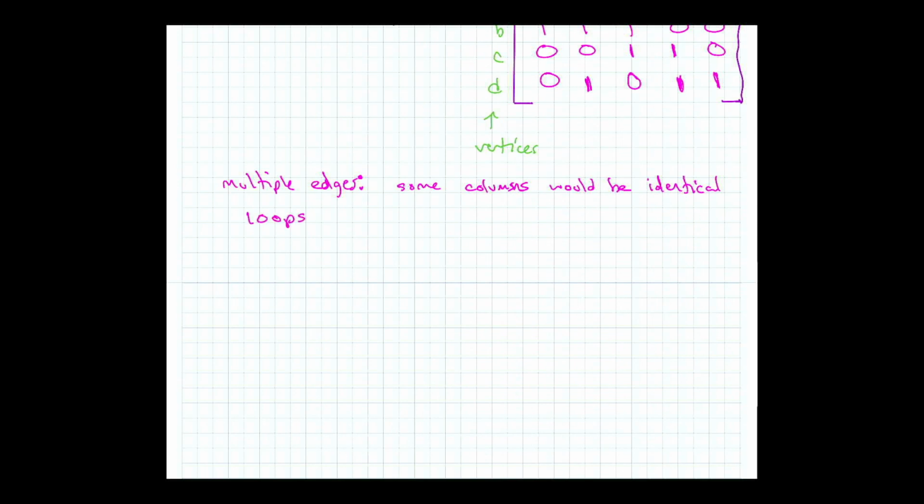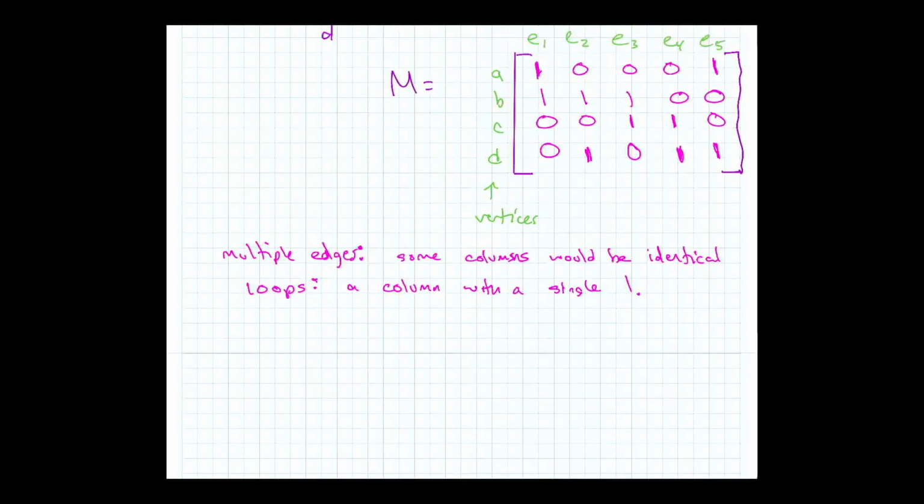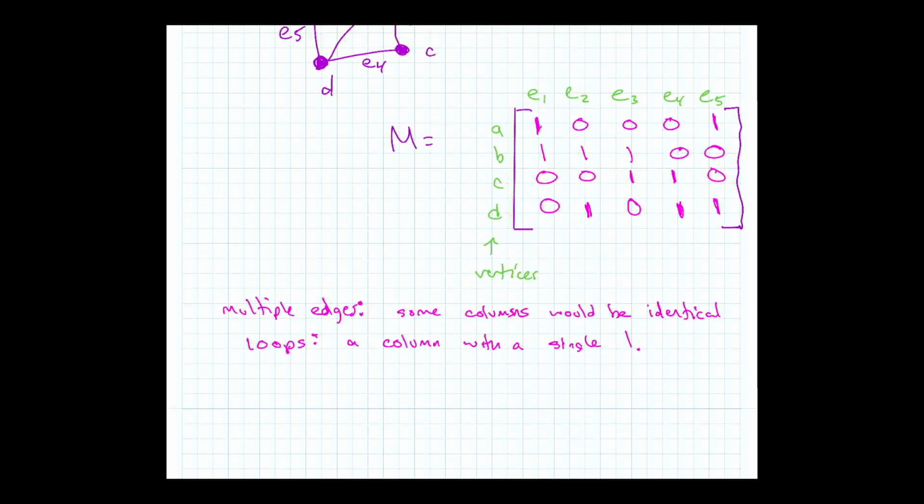Loops. What would happen if you had loops? If you had a loop, that would be a column with only one number in it, only a single 1. If you look at a column here, 1, 1, adds up to 2. 0, 1, 0, 1, a 1 and a 1.